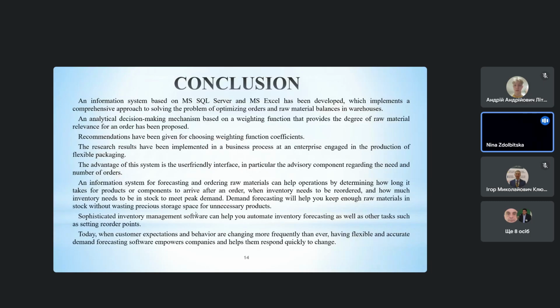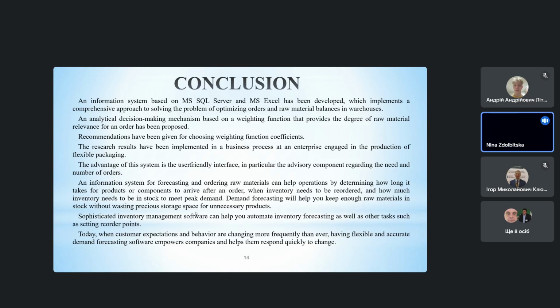An information system based on SQL Server and MS Excel has been developed which implements an approach to solving the problem of optimization of orders and raw materials balance in the warehouse. An analytical decision-making mechanism based on the weight function, providing the degree of raw materials relevance for the order, has been proposed.